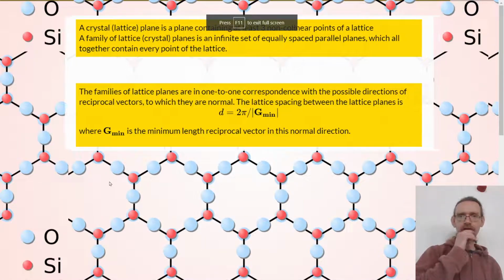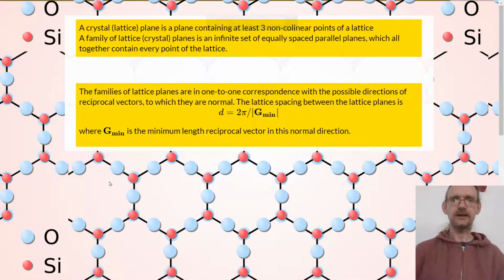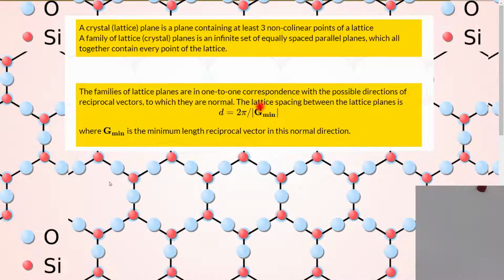What I want to show in a second is that in fact we've already done it. We can just get the different diffraction gratings in our crystal by taking 2 pi and dividing by the length of the reciprocal lattice vector.